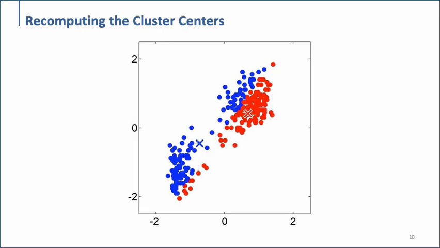Then from the assigned clusters, we need to recompute the cluster centers. By calculating the mean or average within the cluster, the center should be updated to the mean of this data. Similarly for the red one, and for the blue one, we also need to calculate the mean within the cluster.